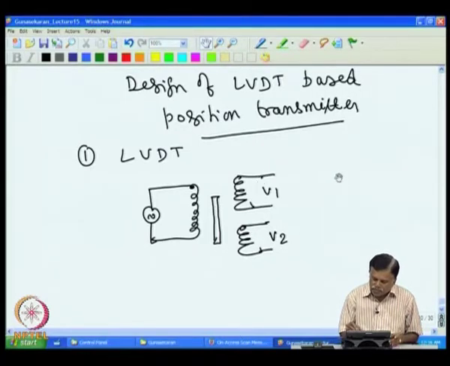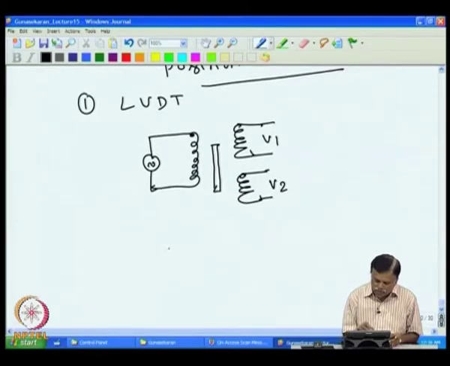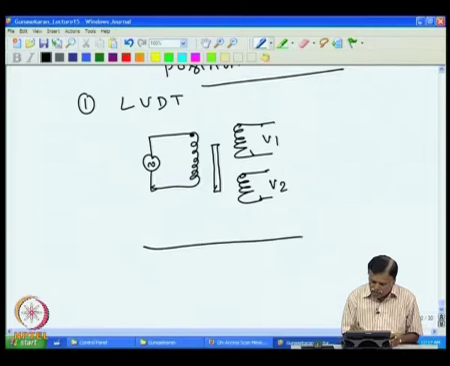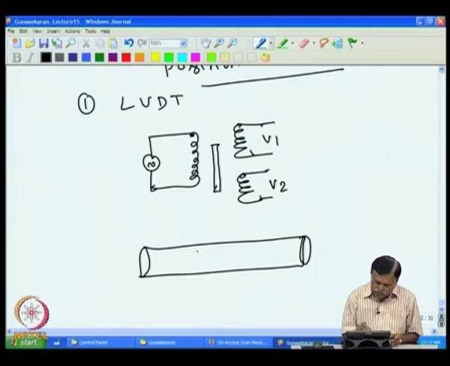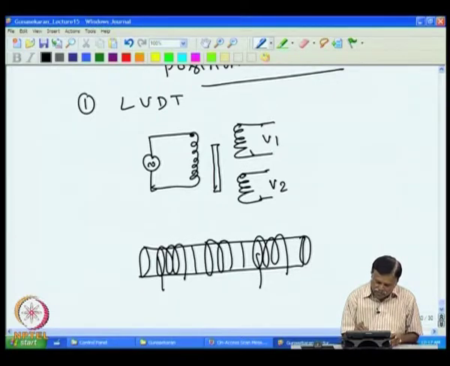So, if you want to realize this in 3 dimensions, then it looks like this. Normally in an LVDT, a core bobbin is there, and then you have 3 segments. In one, a secondary is wound, and in another, another secondary is wound, and the primary is wound in the middle.